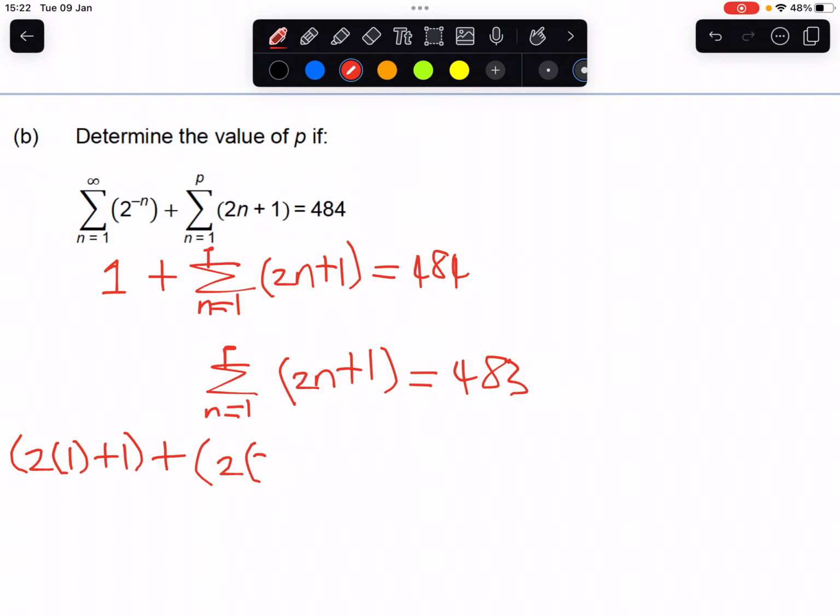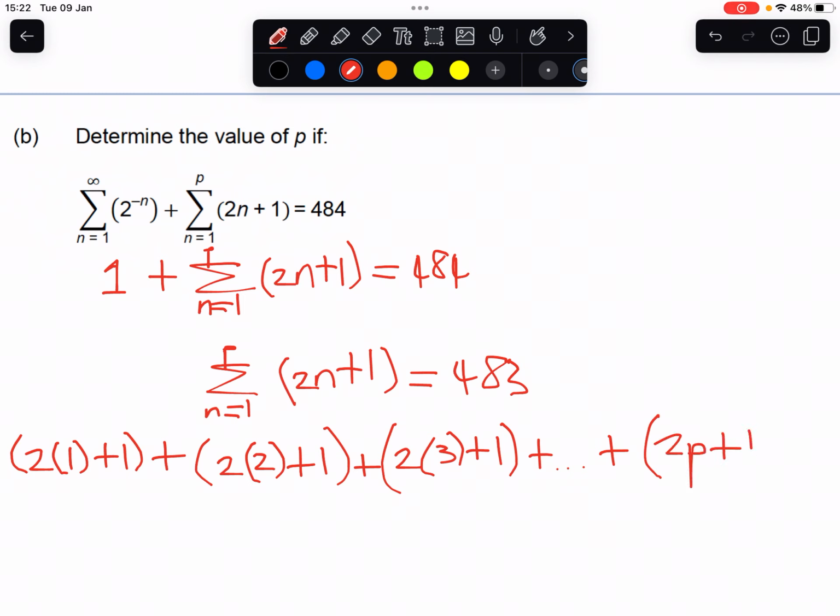This is 2 times 2 plus 1 and 2 times 3 plus 1. So we can pretty much see this is an arithmetic series, and it's going to stop at 2 times p plus 1.